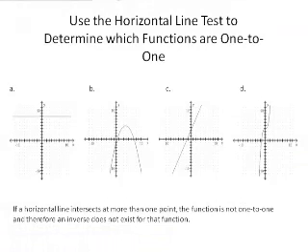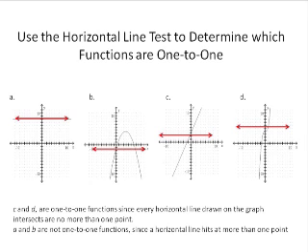To determine if the function is one-to-one, we draw horizontal lines on the graph. If any horizontal line drawn only intersects at one point, then the function is one-to-one. The two functions that pass the horizontal line test are c and d.